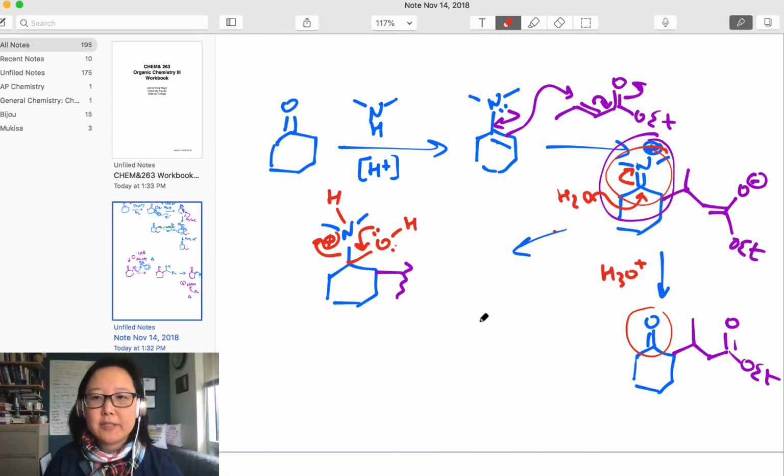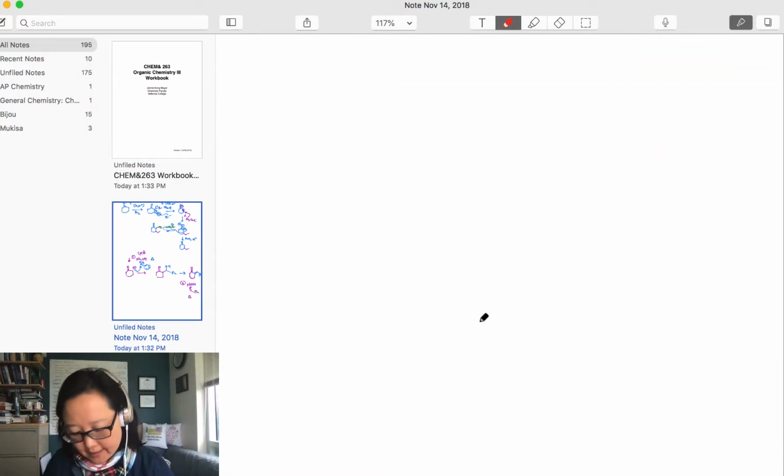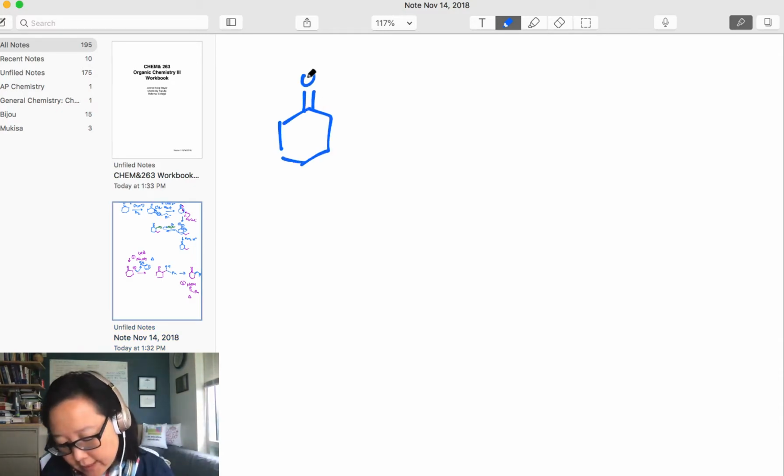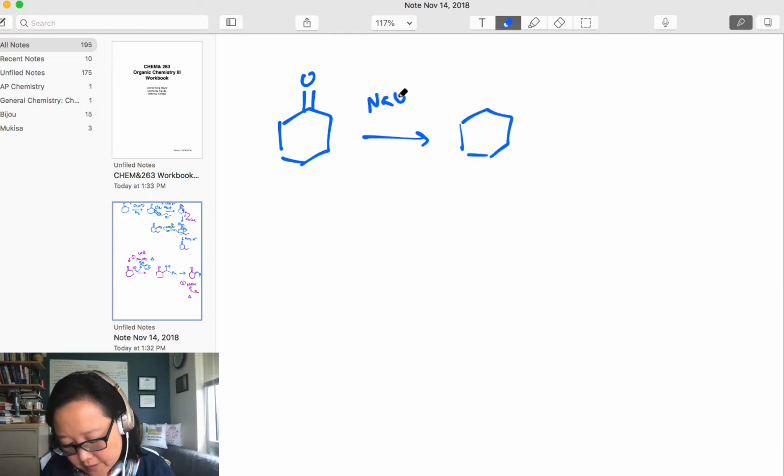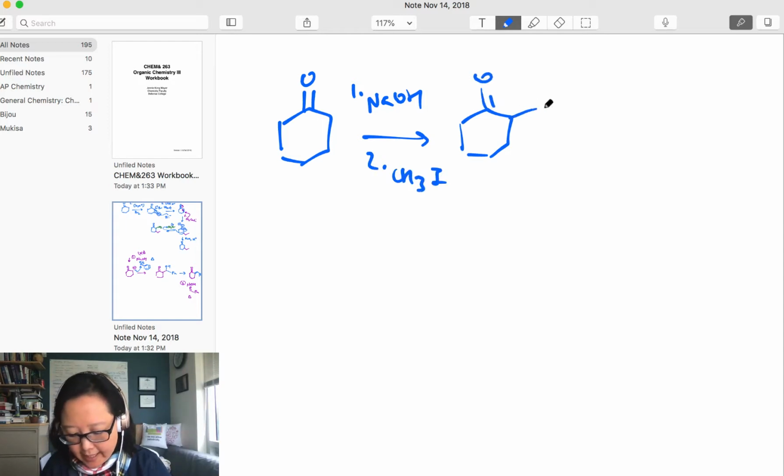So you do have a choice of how to control that reaction, and that's through kinetic or thermodynamic control. After the first one, it doesn't really matter what you use, you'll get one alkylation. Then you just want to make sure you don't add the second one here. You want it on the other side.